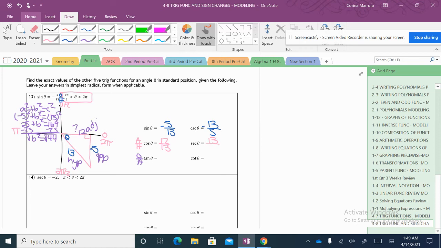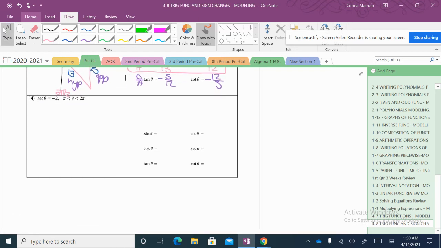Secant will be 13 over 12. Okay. My tangent is going to be opposite, which is negative 5 over my adjacent, which is 12, and then my cotangent is going to be negative 12 over 5. And as you notice, the only one that comes out positive is my cosine function. And it's opposite.